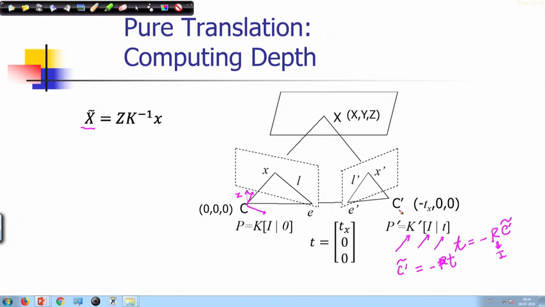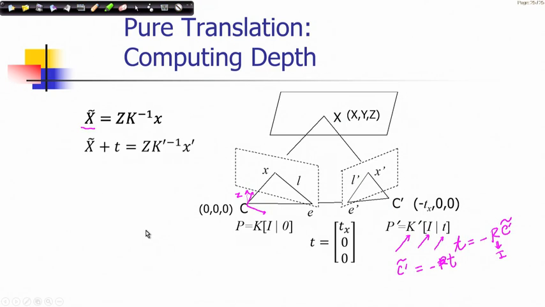Similarly, if I consider the other camera, there also we can use the same convention, but since there is a translation involved here, the coordinate will be x prime plus t, and again it is the same form. It is because here also there is no rotation.